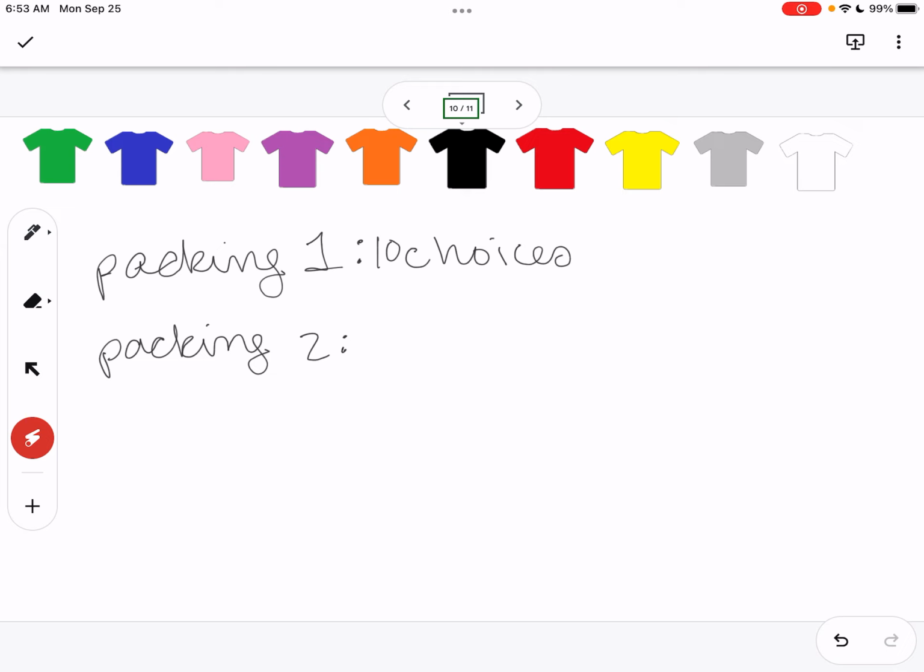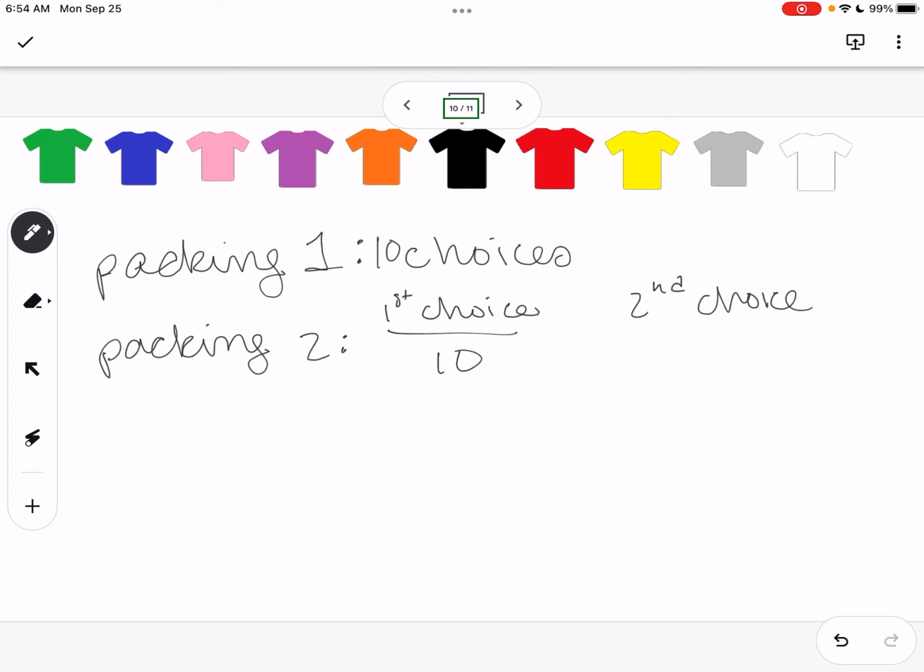As I'm packing, I have to pick one shirt first. So my first choice and my second choice. Okay. I have 10 choices. There's 10 possibilities. So let's say I have packed my purple shirt because purple's my favorite color.